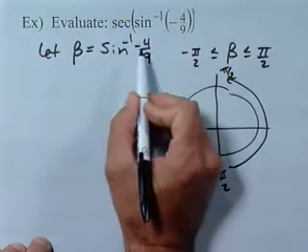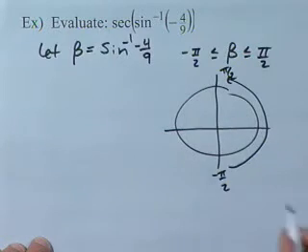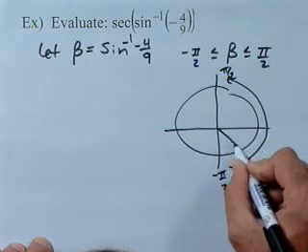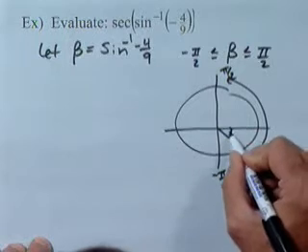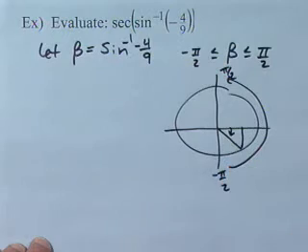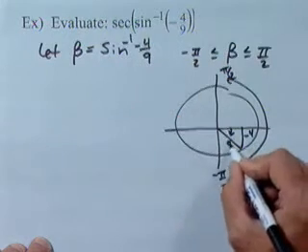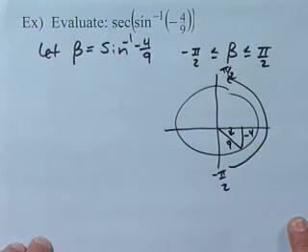Okay. Notice it's a -4/9, so it's got to be down here in quadrant 4. Okay, so there's my beta. And I must have an opposite side of -4 and a hypotenuse of 9.